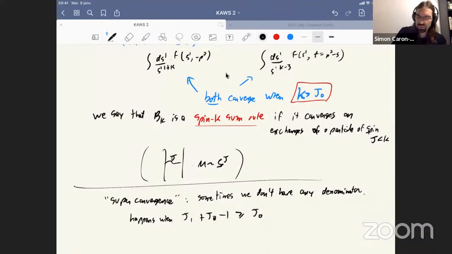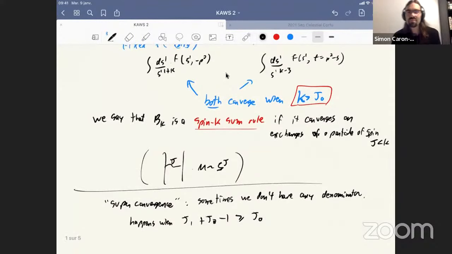Simon, can I ask a question? Yeah. Can you hear me? Yeah. So when you are writing down these subtracted sum rules, when you're dividing by the denominators, are you implicitly fixing some constants? I mean, for example, I could have divided by s prime minus s naught to improve the convergence. Yes, the s naught doesn't change anything. I'm focusing on the large s behavior.